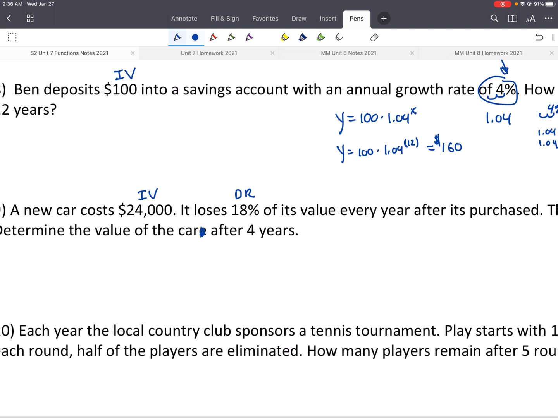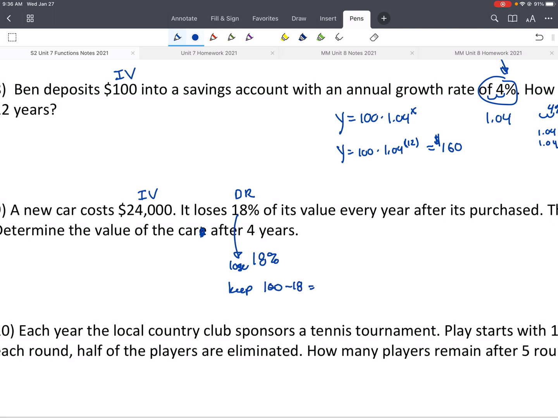And we'll need to write it as a decay factor. So we have our 18%. It loses 18%, and really what we need to look at is what we have left. So if we lose 18%, how much do we still have? Well, we lose this, but we keep 100 minus 18.